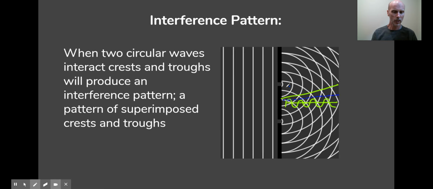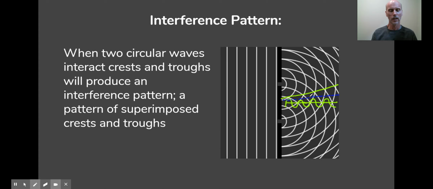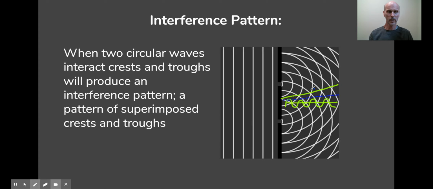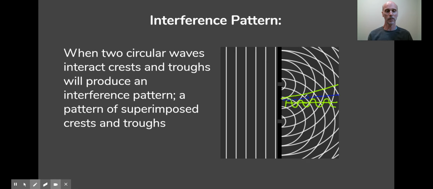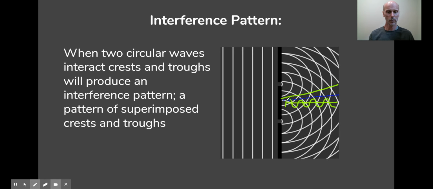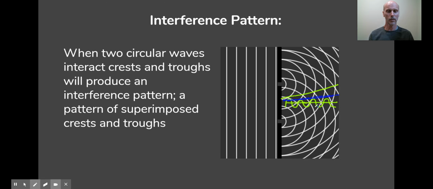In other words, a crest from one of these sources is meeting a trough from the other one. And if you'll recall, when a crest meets a trough, you get this cancellation of the waves, or you get this place where there'd be no waves going on. So we get flat water here, if this was water, and huge rippling water here.